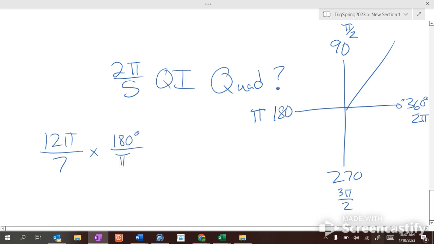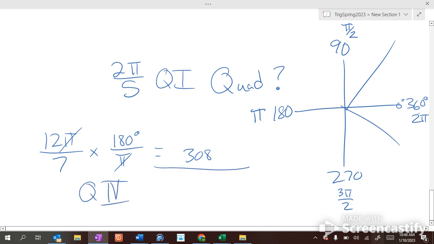So multiply by 180 over pi and turn them into degrees. Take the easy way out. Take 12 times 180 divided by 7. We get about 308 degrees, which is somewhere in quadrant number 4.